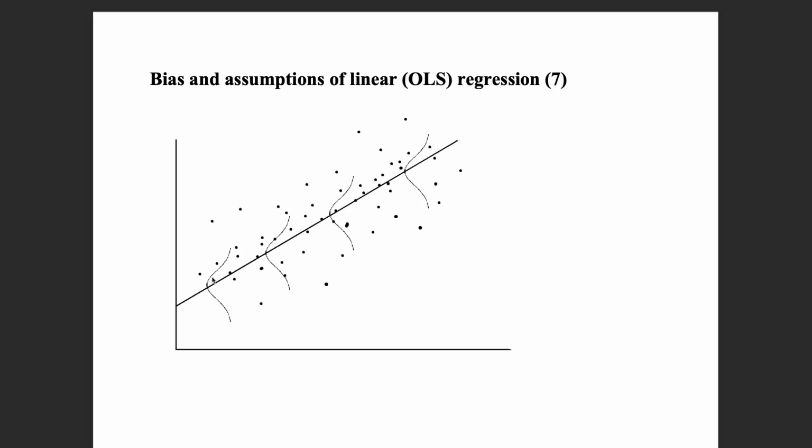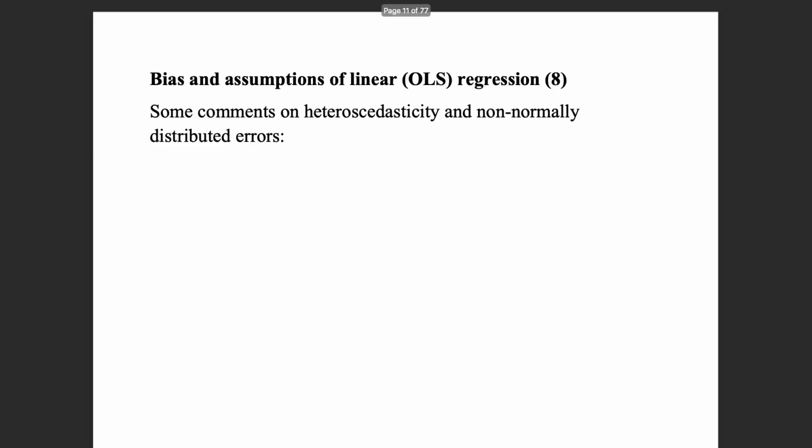So you would get something like a distribution of errors that looks like a megaphone or something like that. Yeah. So it has to be constant and it has to be normal. But again, this is especially an issue if you have small data sets.